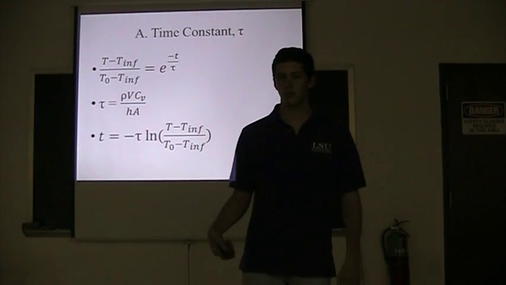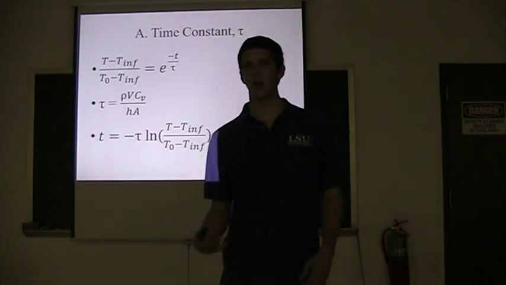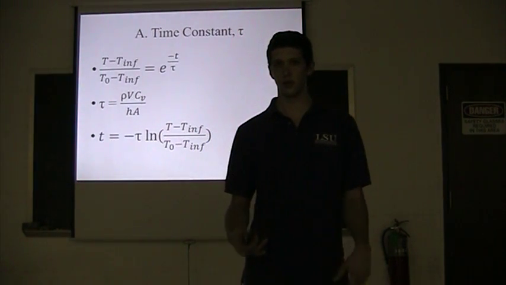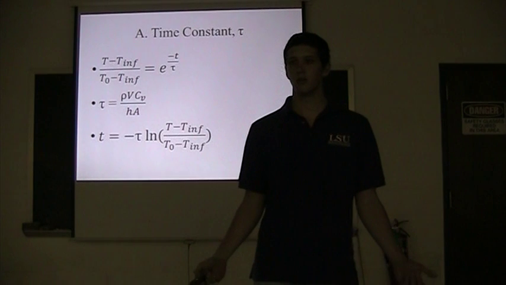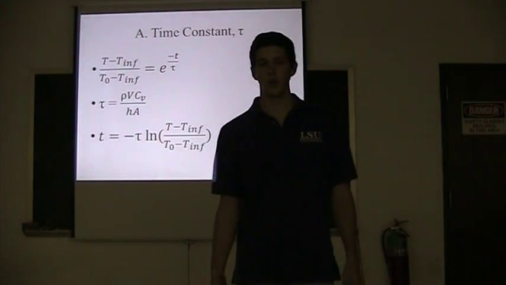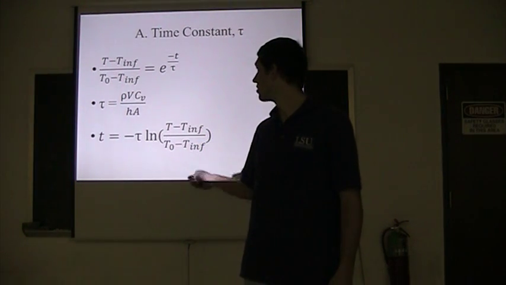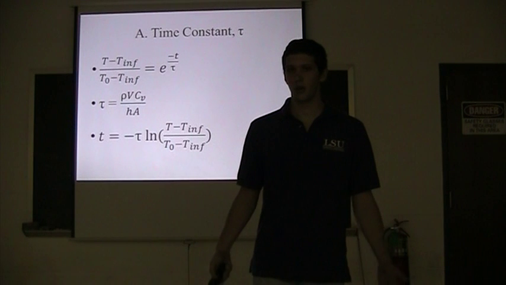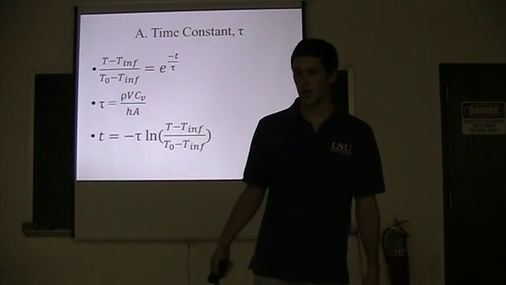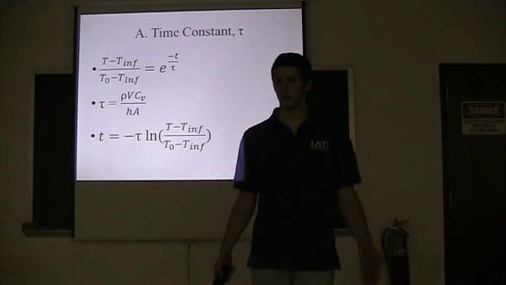For a thermocouple, you can change the time constant by different geometries or materials, but because we use the same thermocouple in this experiment, it mostly has to do with changes in h, which I'll talk about later.